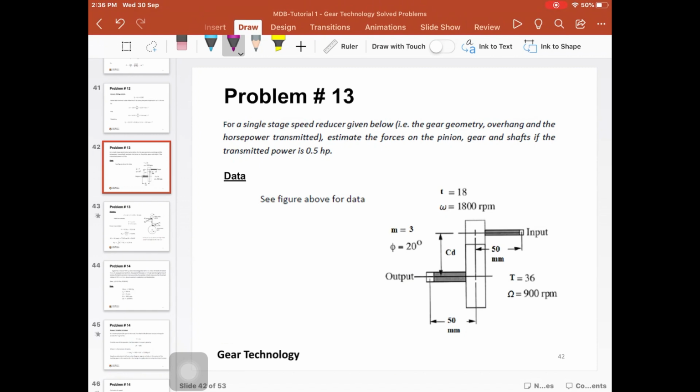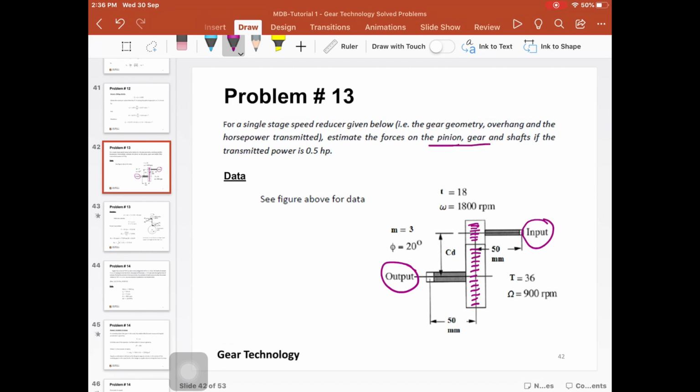What we have here is a single stage speed reducer. We have the pinion here, and then we have the gear. The pinion is driven by an input shaft, and the gear, or the wheel, drives an output shaft, right? All the information is given here.